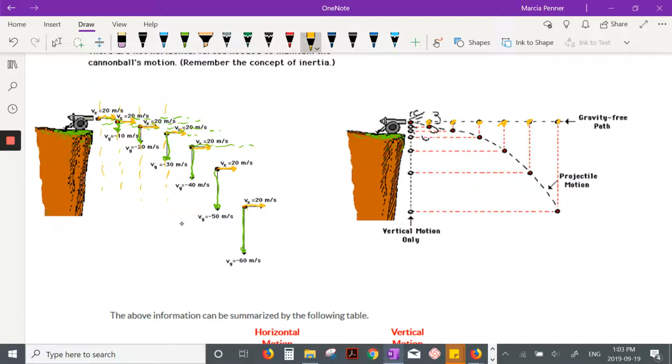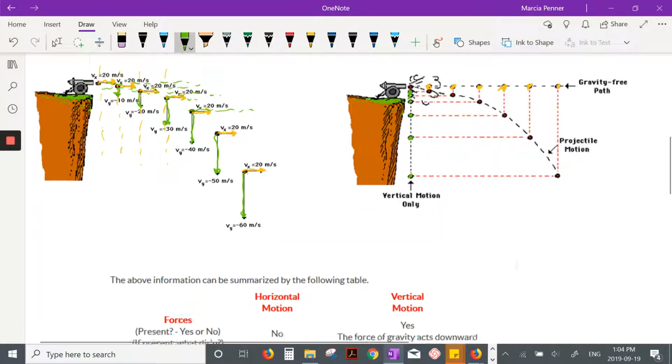So that's kind of what I was trying to show with my yellow dotted lines over on the left. And if we look at our vertical ones, when we're going down the side and doing the same thing, you'll notice that the spacing between them is increasing. And this means that we have accelerated or non-uniform motion.